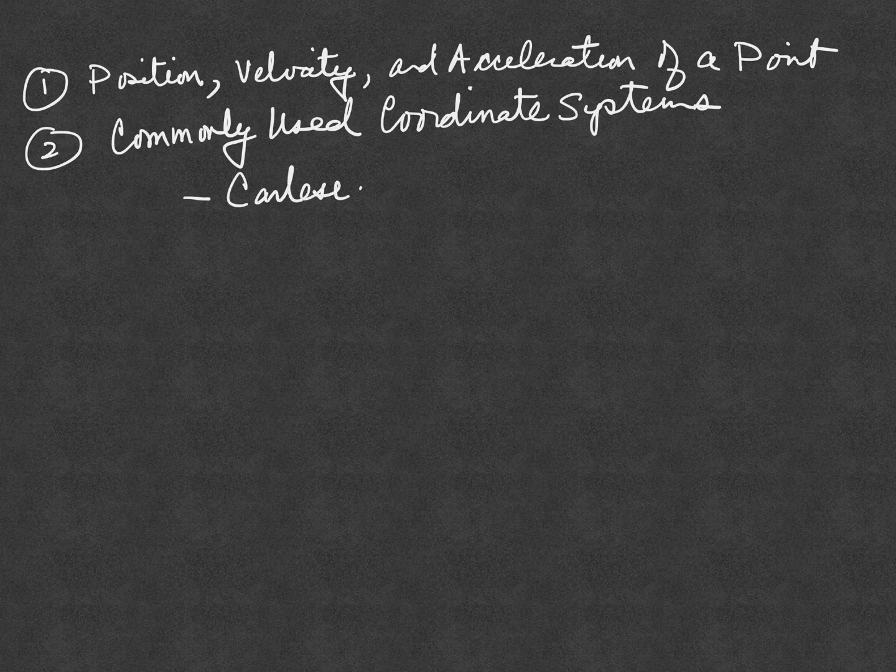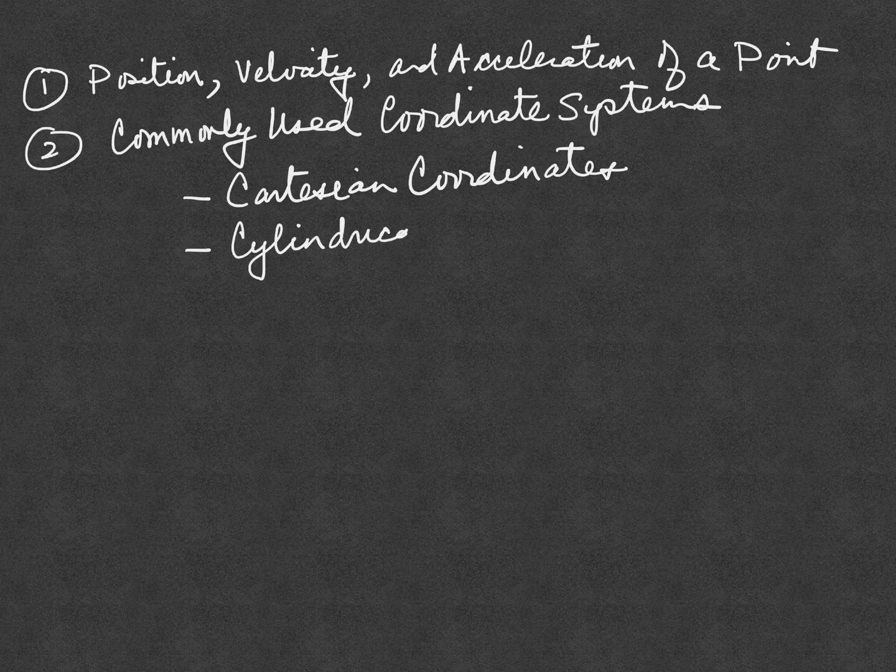The first one is what's called Cartesian coordinates. The second one is what's called cylindrical coordinates. And the third one is what's called spherical coordinates.